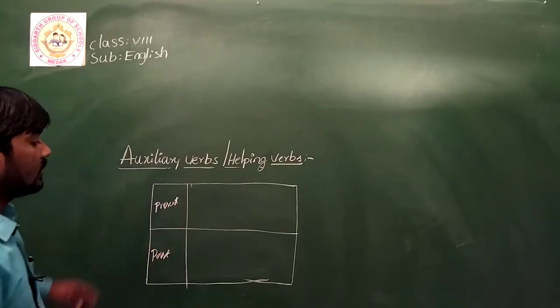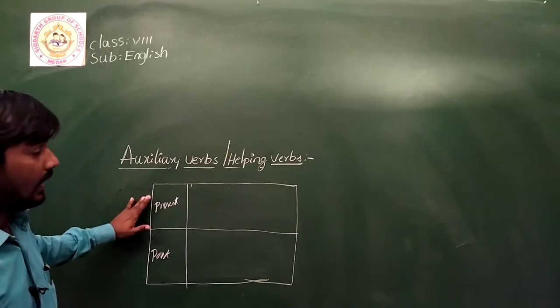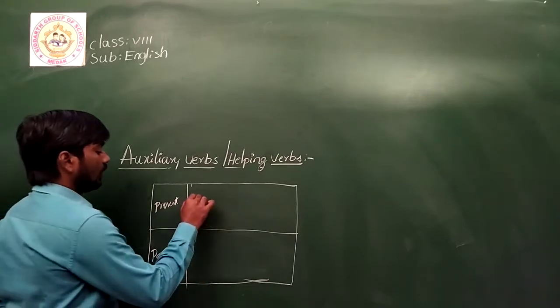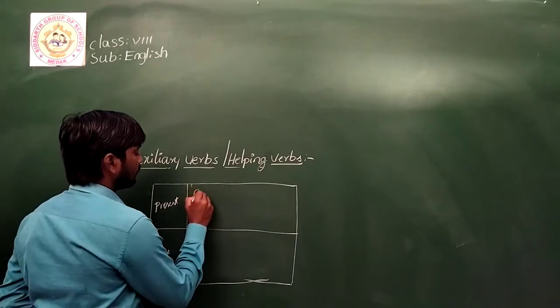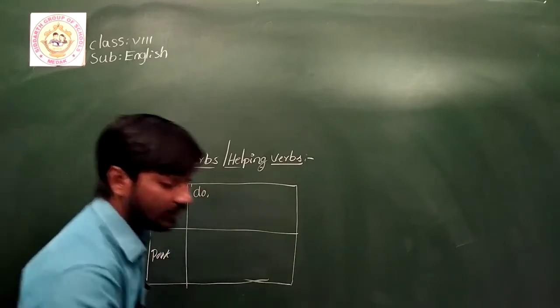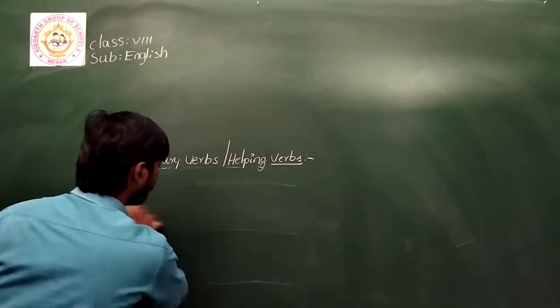So what are the auxiliary verbs we will use in different tenses, present and past? In the present tense we will get, okay, I will write this in a different form for you.